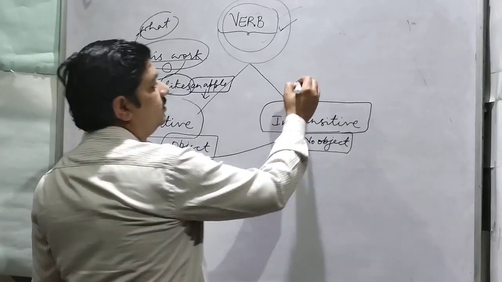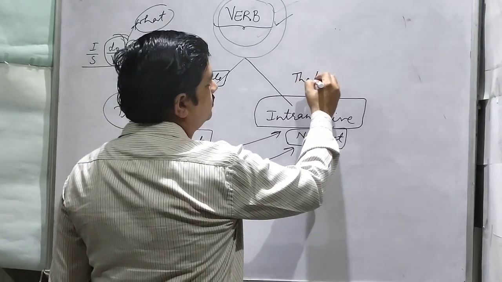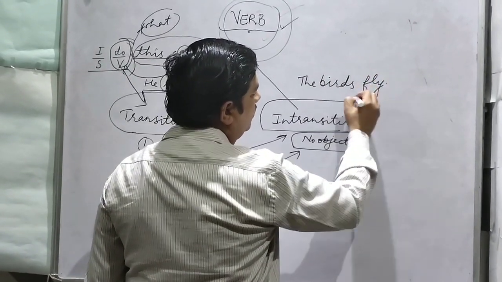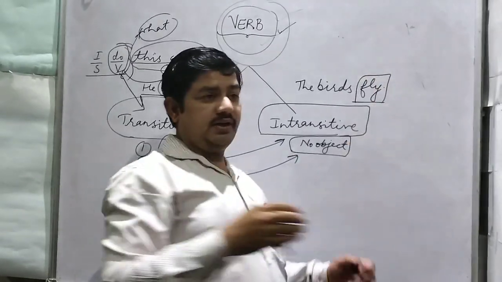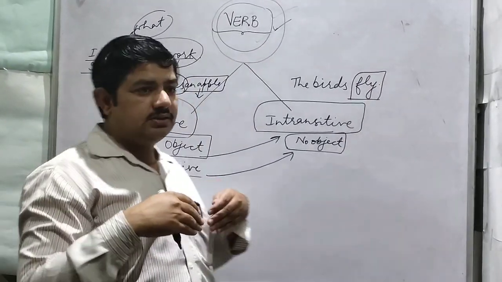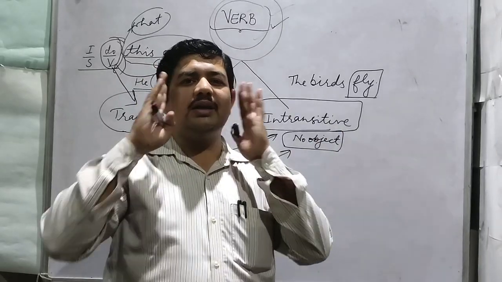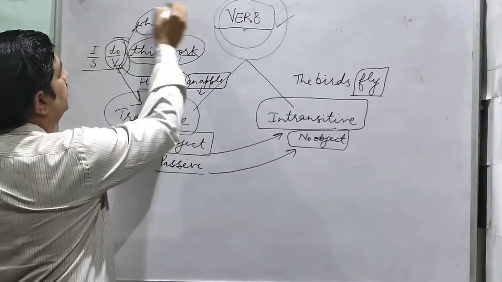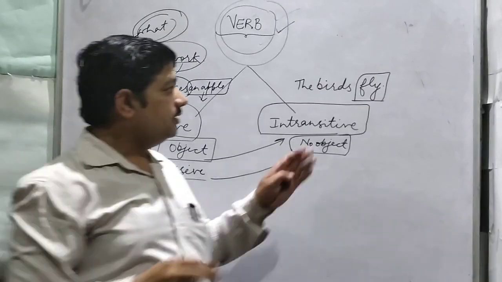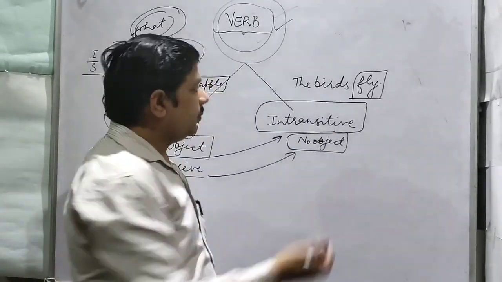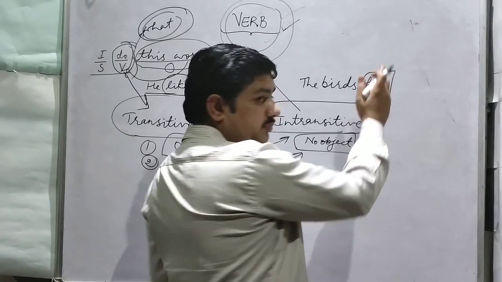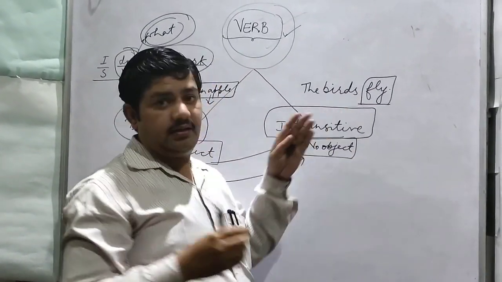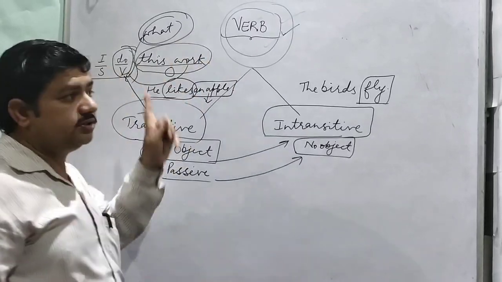Listen, the birds fly. When we speak the sentence, the birds fly, we are relaxed. There is no confusion. There is no question of what. At least the question of what is not there.